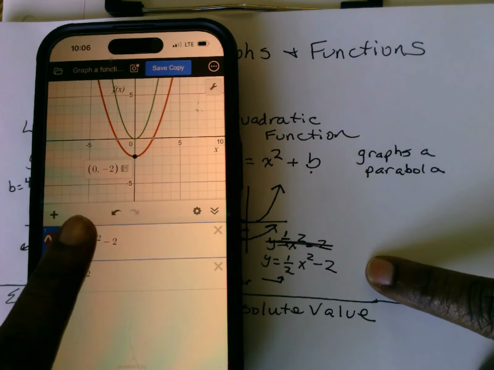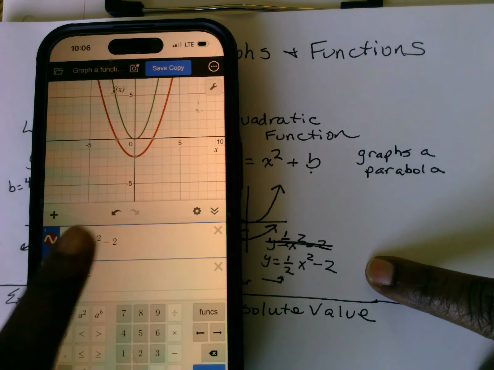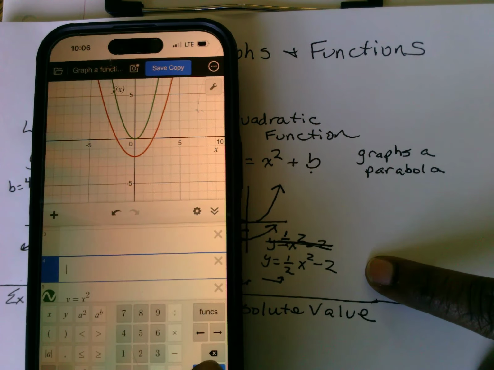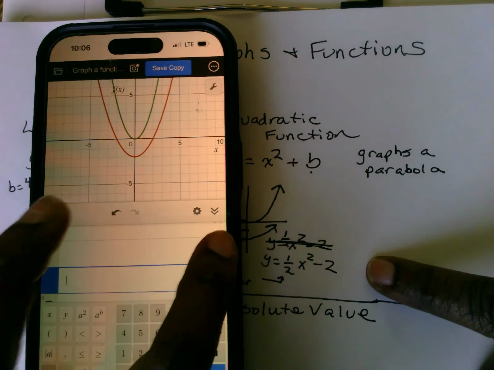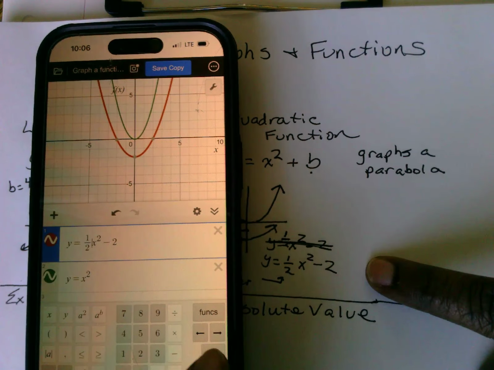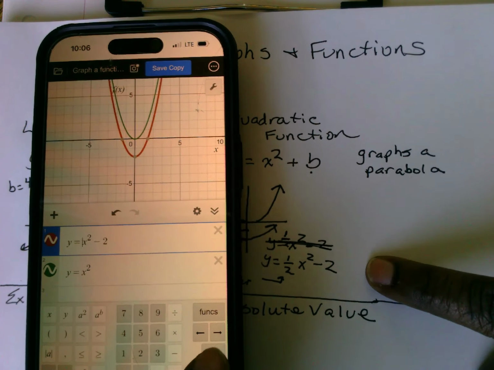If I take the fraction off and I just put x squared, the graphs will be the same width, but I deleted the whole function. No, I didn't. Right here. I'm going to delete the 1/2 so you can see.